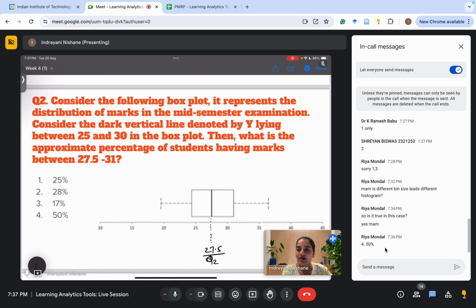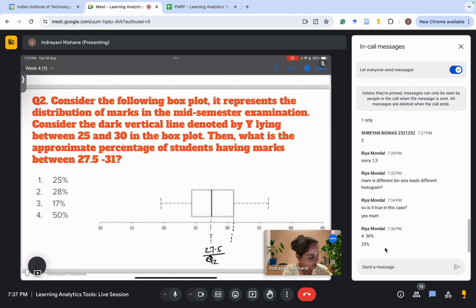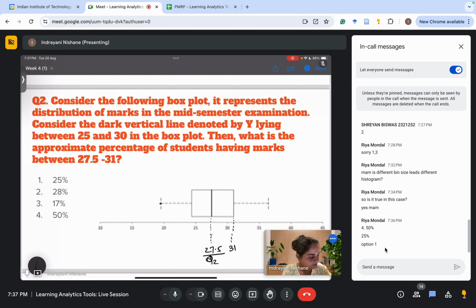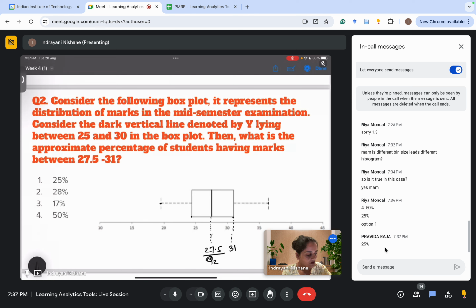Now what is the approximate percentage of students having marks between this 27.5 and 31? Can you tell me what this point will be? This point will be the minimum.